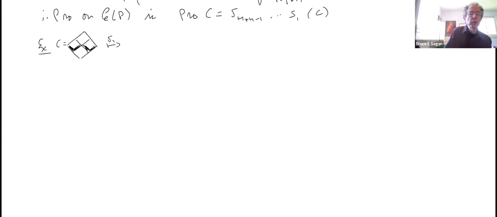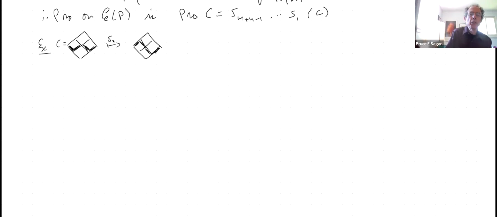S1 looks at the first two steps and says, can we switch them around? The first two steps went down and up, so they would become up, down. You just switch the order in which they occur. You go up first, and then you go down. Everything else stays the same.